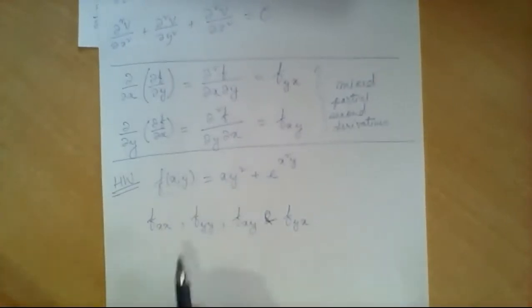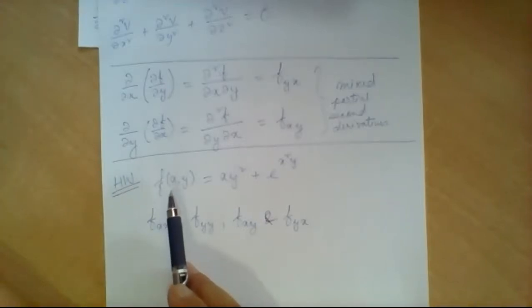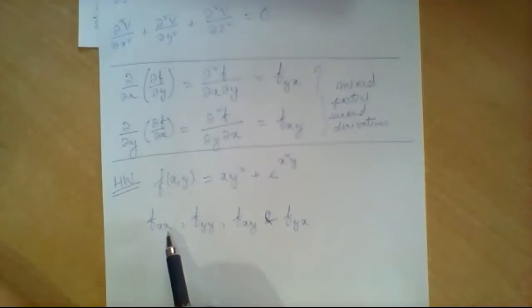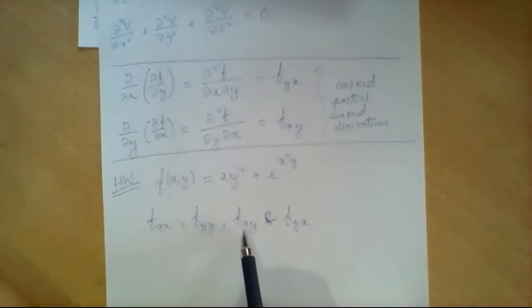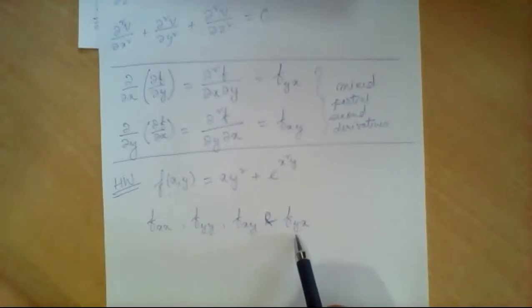And fxx. So now you differentiate this function partially with respect to x 2 times. First you differentiate with respect to x, then you differentiate with respect to y. First you differentiate with respect to y, then you differentiate with respect to x.